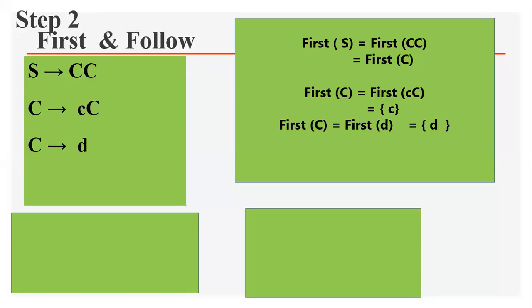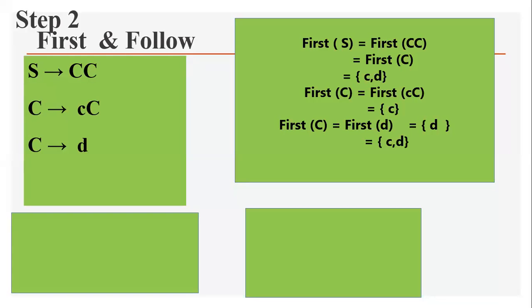First of C is also equal to first of d, so the answer is d. So totally first of C is c comma d, and that itself we are assigning to first of S. So the answer is first of S is equal to c comma d. First of C is equal to c comma d.